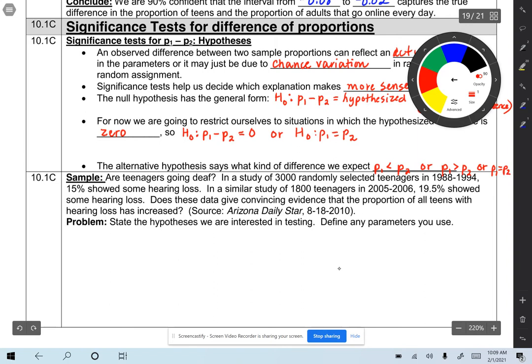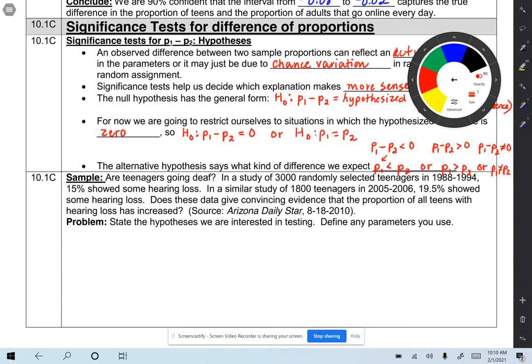And it's really totally up to you on how you want to write it. This means the same thing. And then P1 minus P2 is greater than 0. And lastly, P1 minus P2, if you're just going to move everything to the left side, that should be not equal to 0, sorry. So let's do an example.